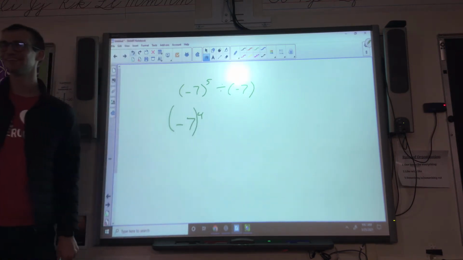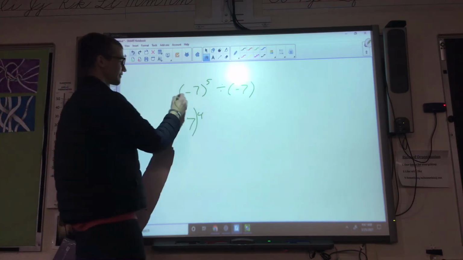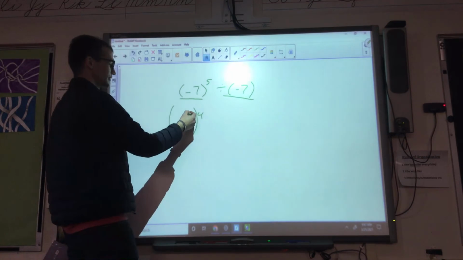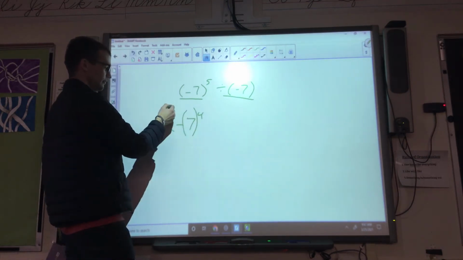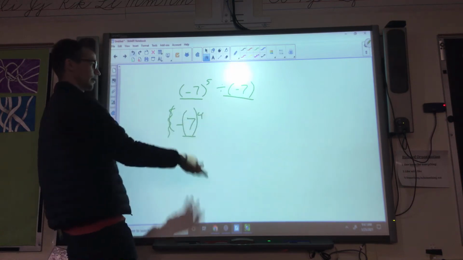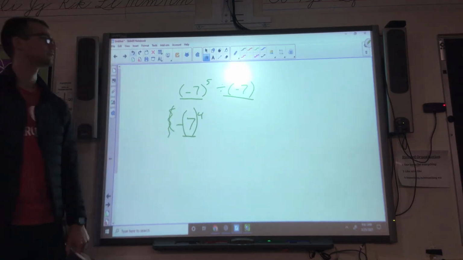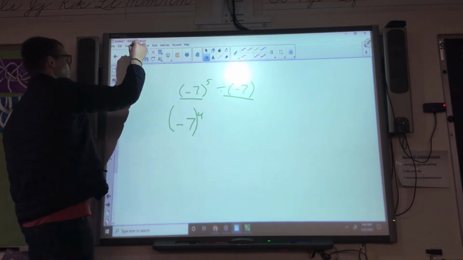There, like that. Yes, it does make a difference where you put the parentheses, because this is the base. If you put the parentheses around the 7 and don't have this one, then 7 is the new base, and it's the 4th power and it's negative, which it may or may not be negative at the end of it. It depends on how many times you're multiplying.